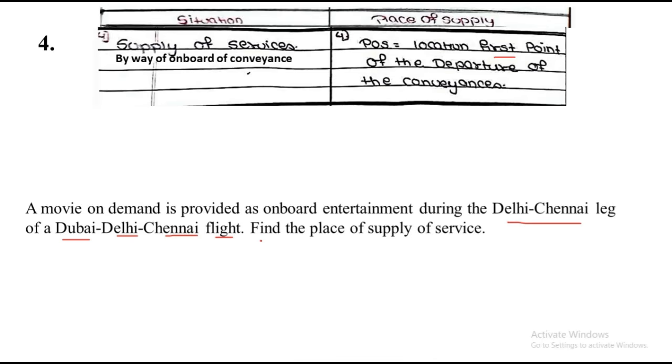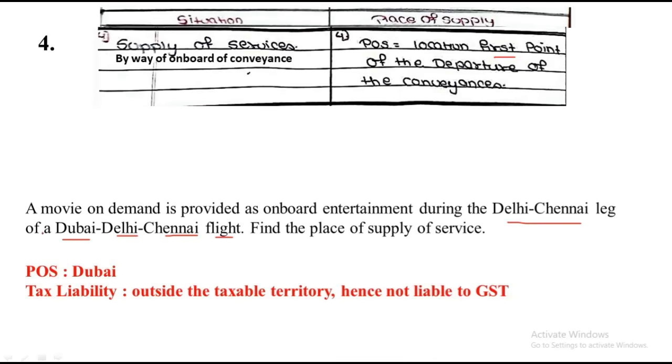As per the rule, since you asked for a service on board during your conveyance, the very first starting point of your departure will be your place of supply. In our case, Dubai is the first point of departure. Though you used the service from Delhi to Chennai, the first conveyance point is Dubai. So here our place of supply will be Dubai.